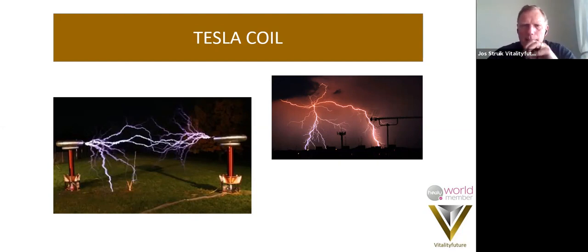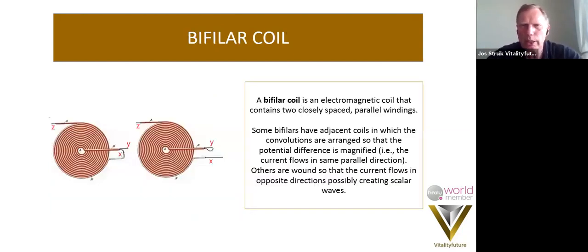Now, how did they create that in this thin coil? Well, the bifilar coil, I don't know the exact pronunciation in English, is about this electromagnetic wire that they made a circle out of, very closely spaced toward each other.